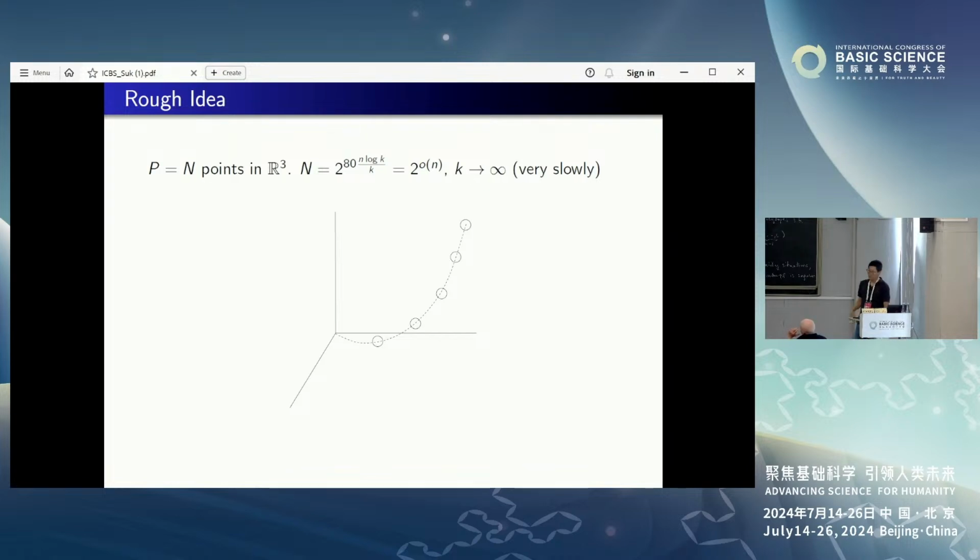And then what they did is they applied this theorem, and these get to other clusters.